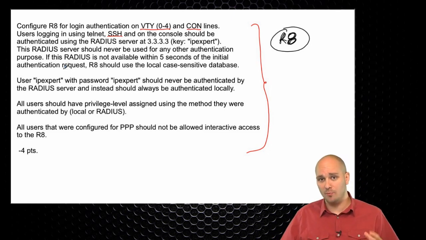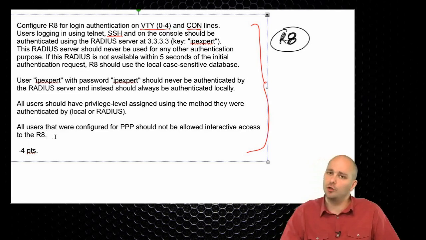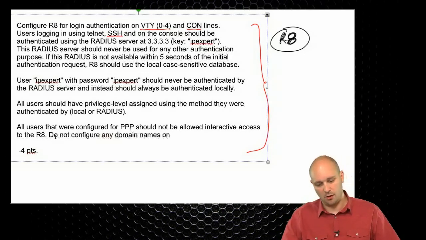Now, would you like me to make this 4.5 points worth? I can make it even just a little bit more complicated. This is going to add an interesting twist. Of course, there is not going to be a 4.5 pointer, and do not configure any domain names on R8.